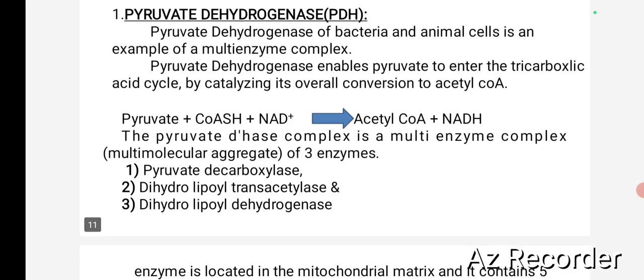The pyruvate dehydrogenase complex is a multi-enzyme complex, a multi-molecular aggregate of enzymes which consists of 3 enzymes: pyruvate decarboxylase, dihydrolipoyl transacetylase, and dihydrolipoyl dehydrogenase. These 3 enzymes combine together to catalyze the formation of acetyl-CoA from pyruvate, generally named as pyruvate dehydrogenase.